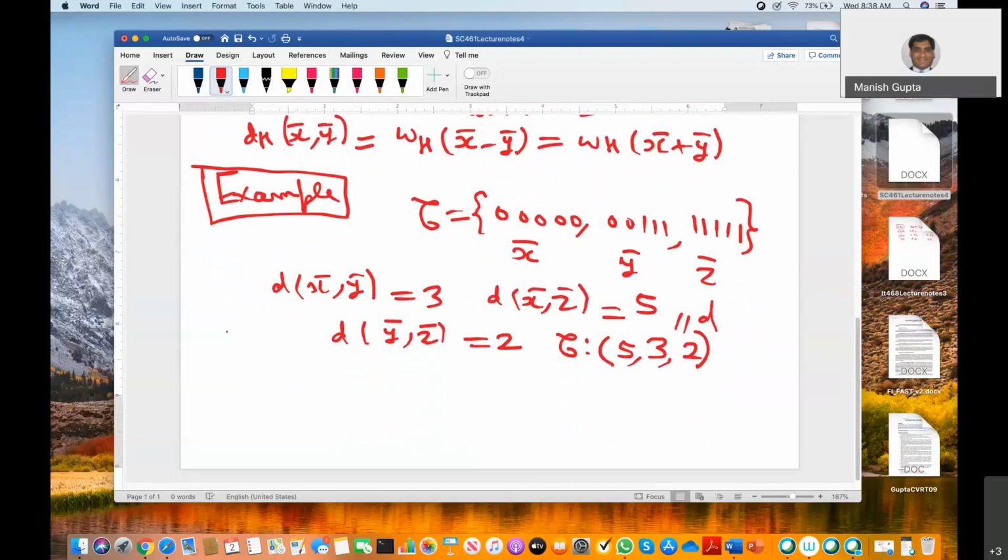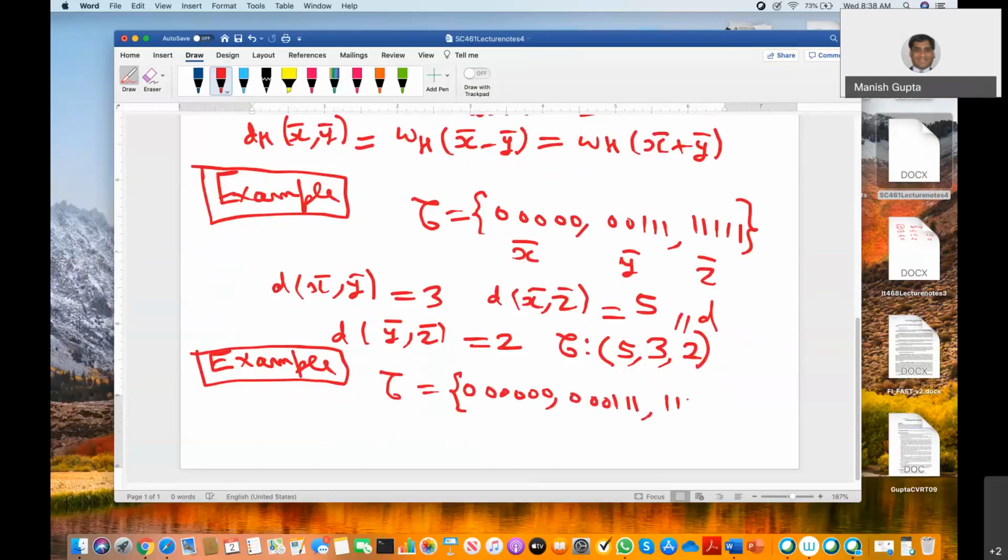If we take another example, suppose C is 1, 2, 3, 4, 5, 6, then 0, 0, 0, 1, 1, 1, then 1, 1, 1, 2, 2, 2. This is an example of a code. It is a subset of Z3 raised to the power 6.